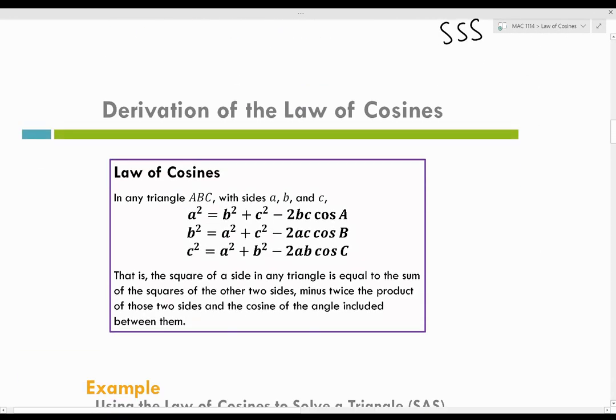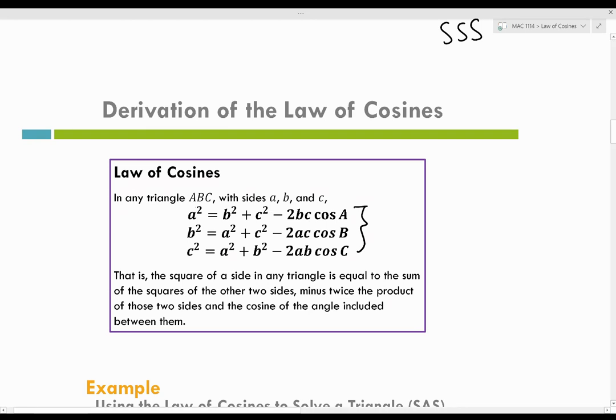All right, so here is our law of cosines. It says in any triangle ABC with sides a, b, and c, remember lowercase letters signify sides and uppercase letters signify angles, then we have these 3 different versions of the law of cosines. They're pretty much the same. The only thing that's different is their letter placement, and that is determined by what you're looking for.